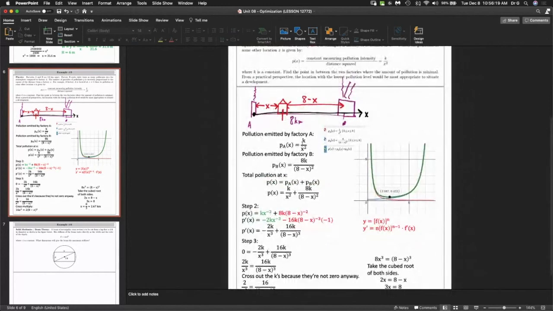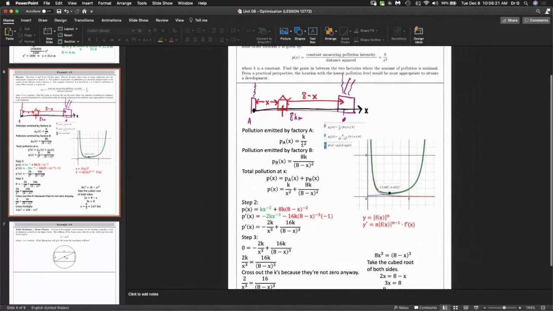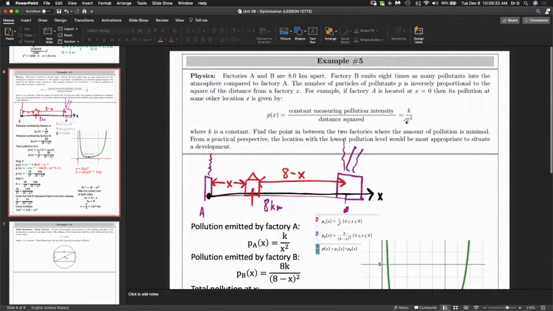So the idea here is that you are given a relationship that describes the behavior of pollution as you go away from a source. That is an inverse proportional to the square relationship.